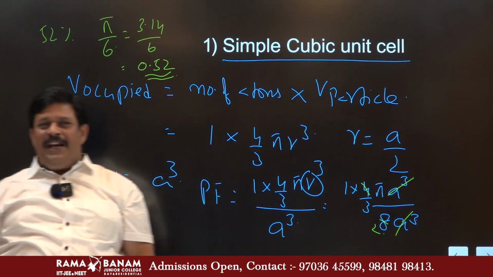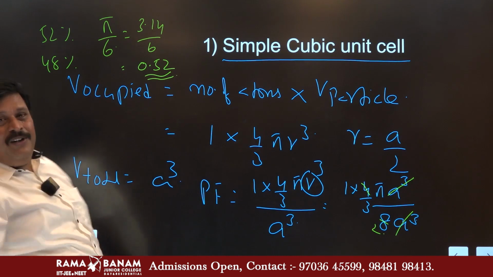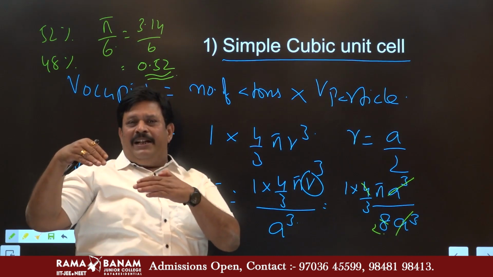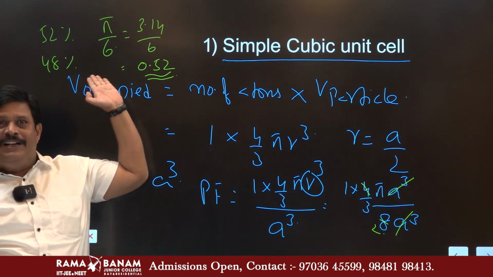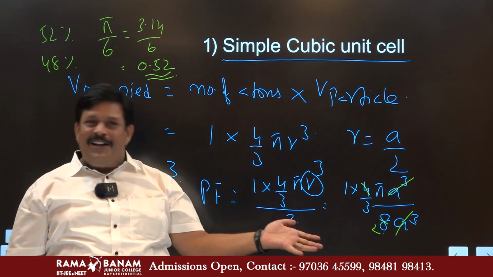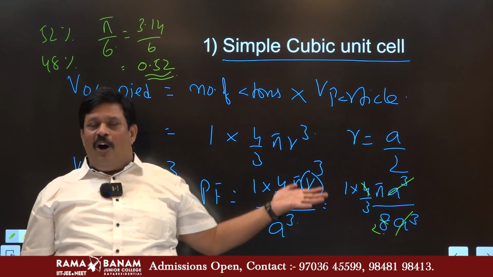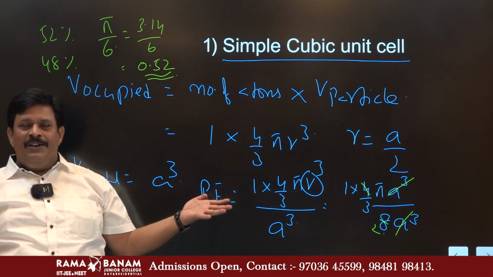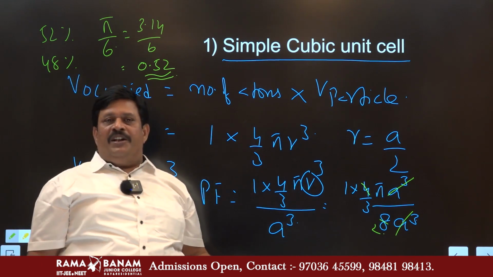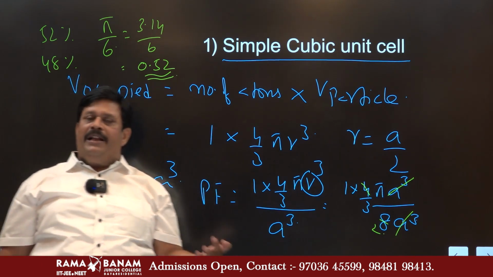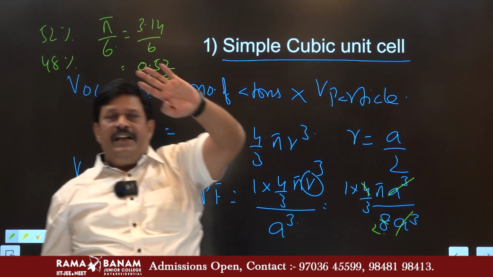Then what is the vacant space? Vacant space is 48%. That's what I told. Though particles are closely packed, see how much vacant space is available in simple cube. Because particles are only at body corners, the remaining lattice points are vacant. So we will consider that as vacant space. So the space occupied by the particles in simple cube is 52% and 48% is vacant space.